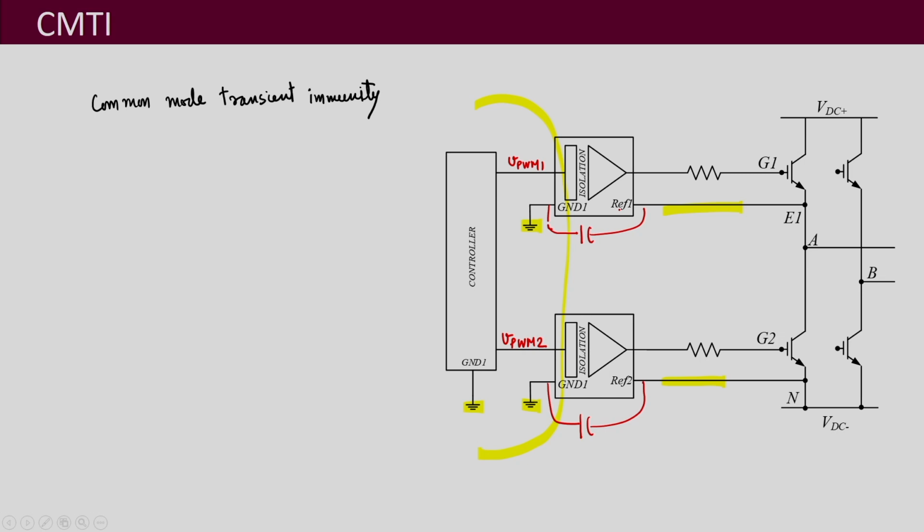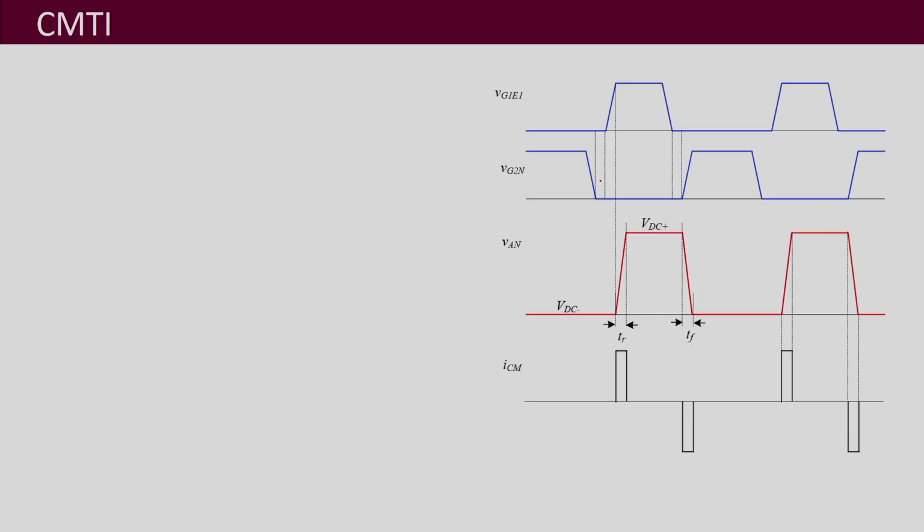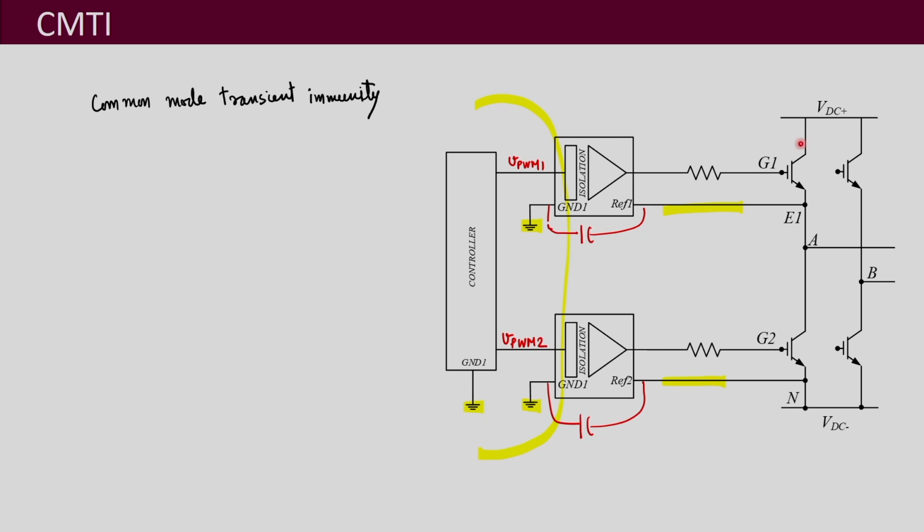So let us look into the waveforms for that. First of all, this is your VG1 E1, the gate pulse for the upper transistor. This is the gate pulse for the lower transistor. Whenever this is on, then this is off.